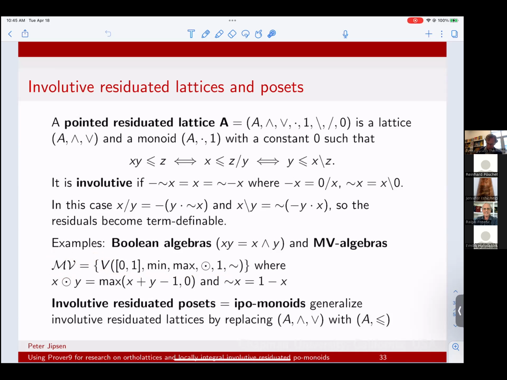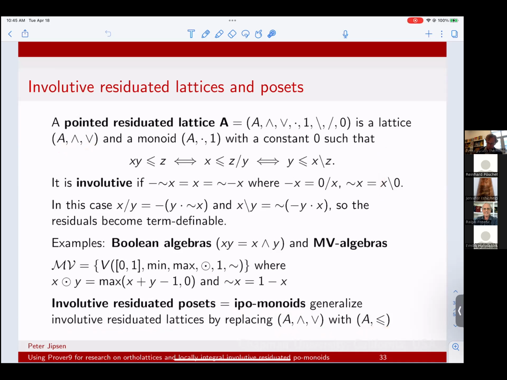But now involutive residuated posets are a much more general class of algebras. They're also called IPO monoids, or involutive partially ordered monoids. And they are just the generalizations of involutive residuated lattices, in which the lattice part of the definition up here is replaced with just saying it's a poset, because the rest of the definition doesn't use the lattice operations.